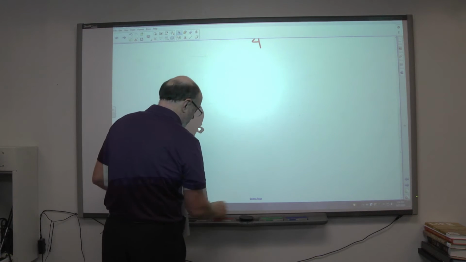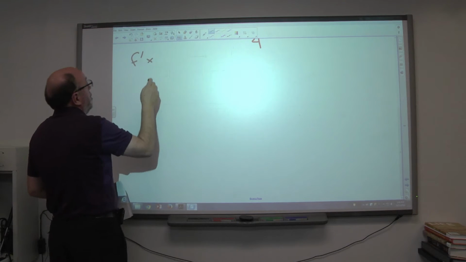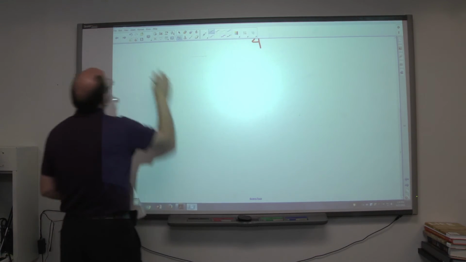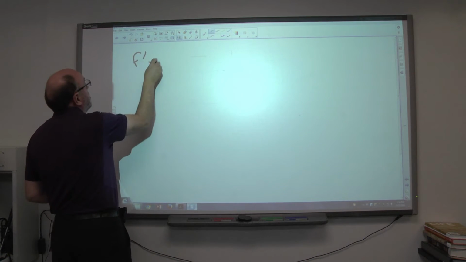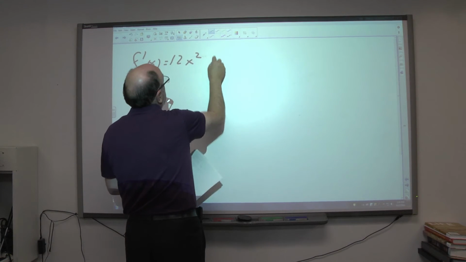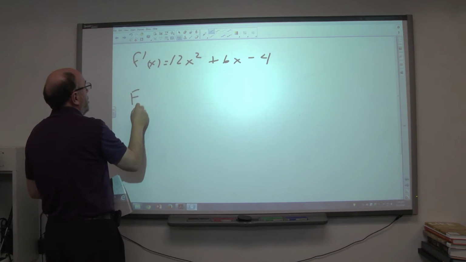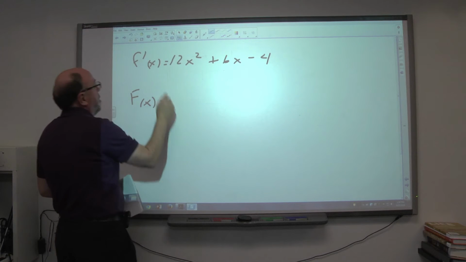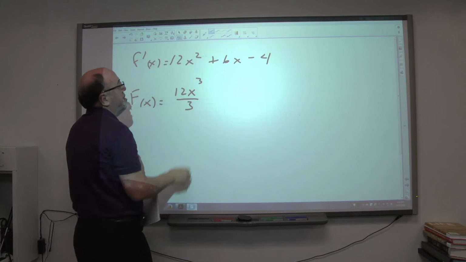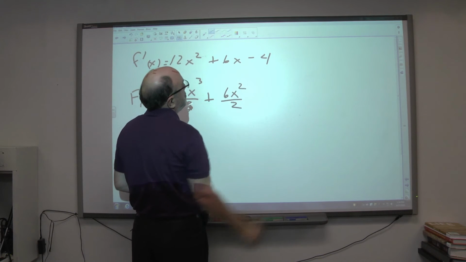So let's look at a few examples of this. So my derivative is going to be 12x squared plus 6x minus 4. So we're going to get 12x cubed over 3. This will give us 6x squared over 2.